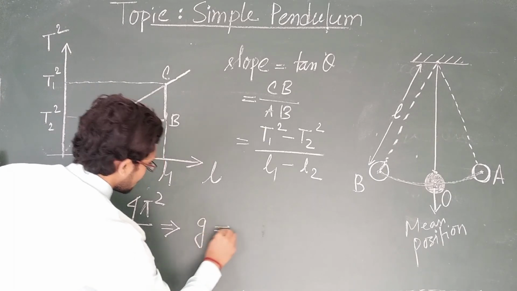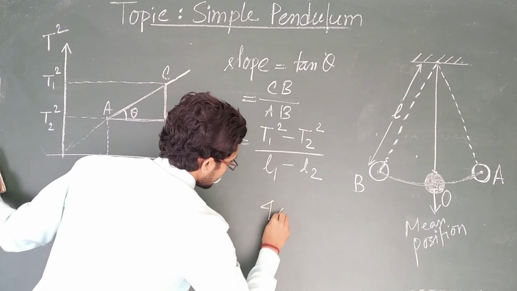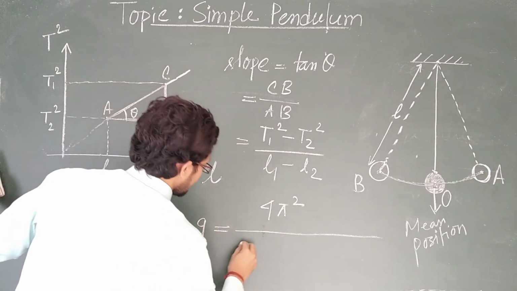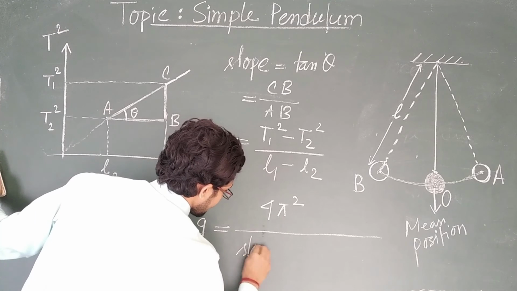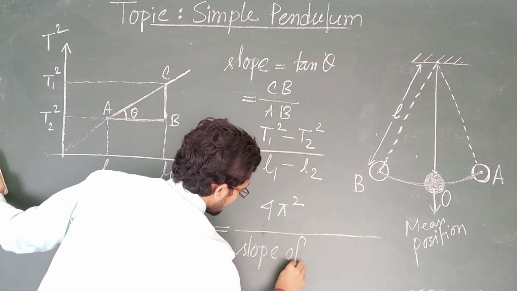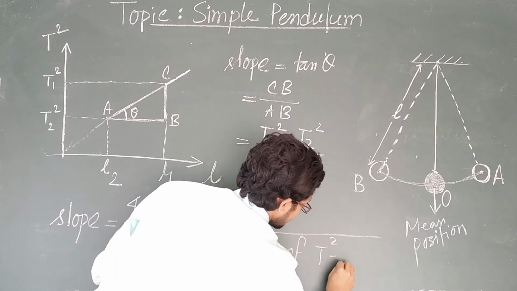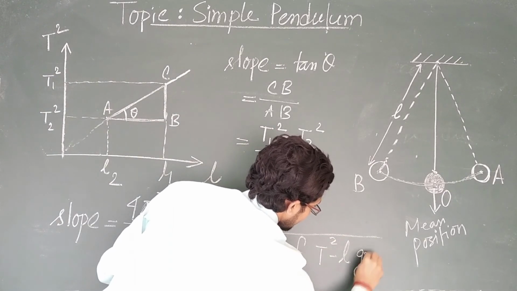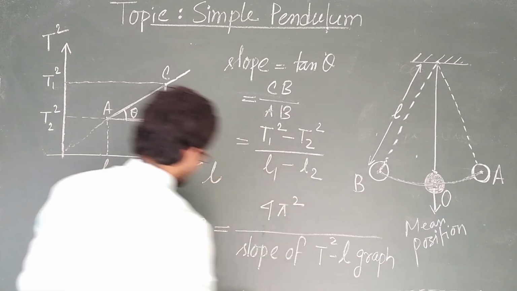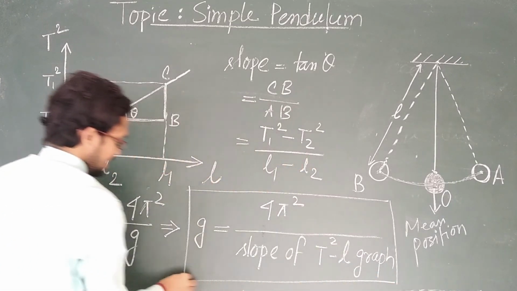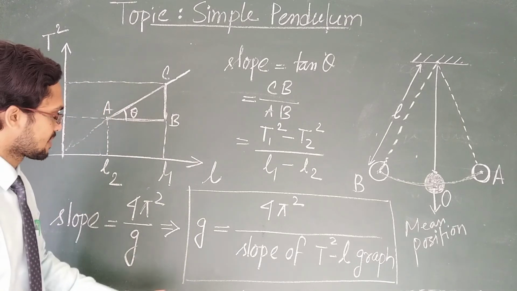It will be g equal to 4 pi square divided by the slope of the T square versus L graph. This is the thing we want to find at the end of this experiment.